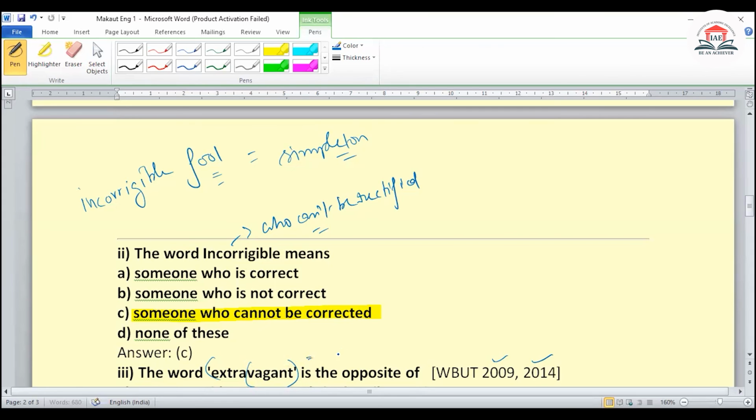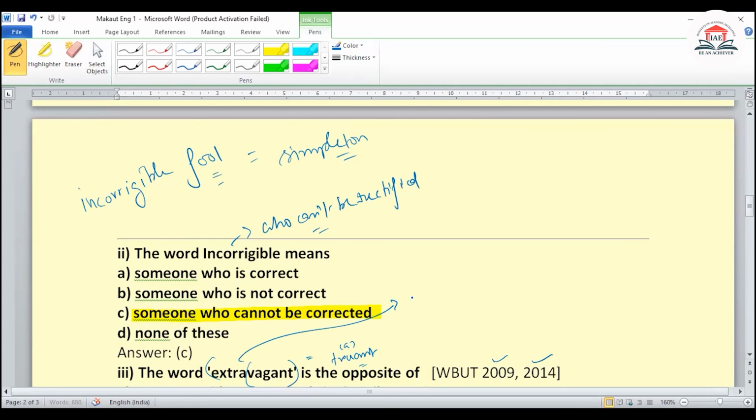Actually, vagant means a truant, a person who has a very baffling mind, fickle, and that is called vagant. But you cannot make the word out if I break it into two parts, that is vagant and extra. Here we are unable to segregate the word.